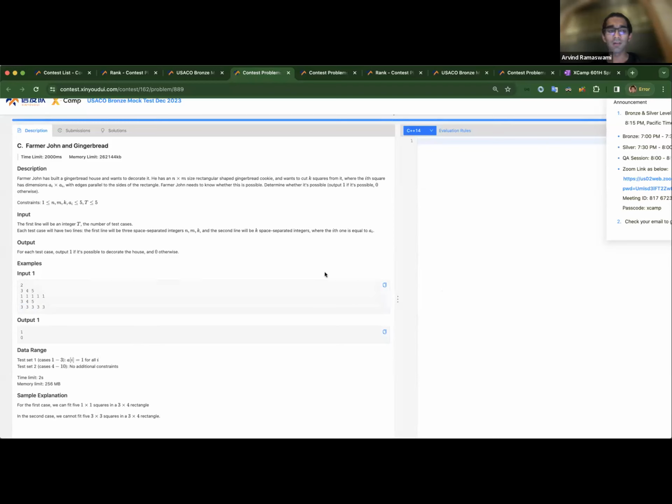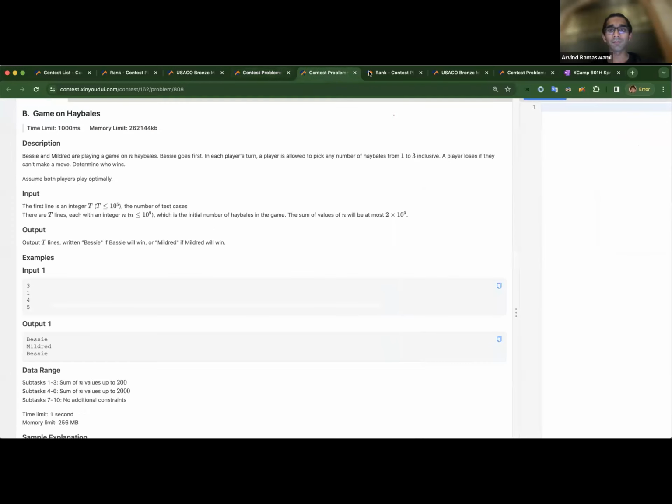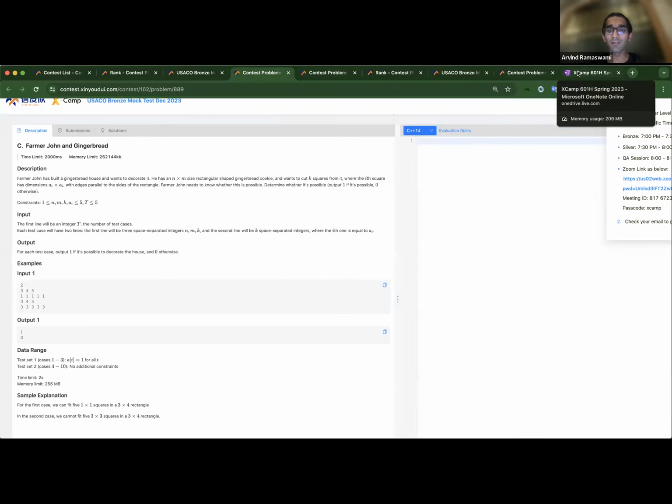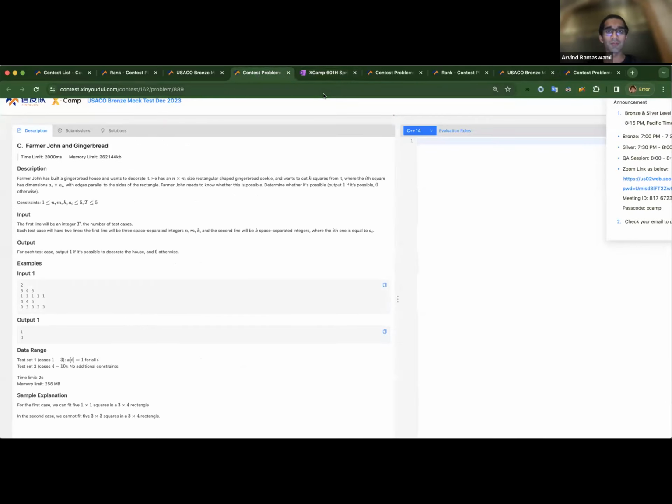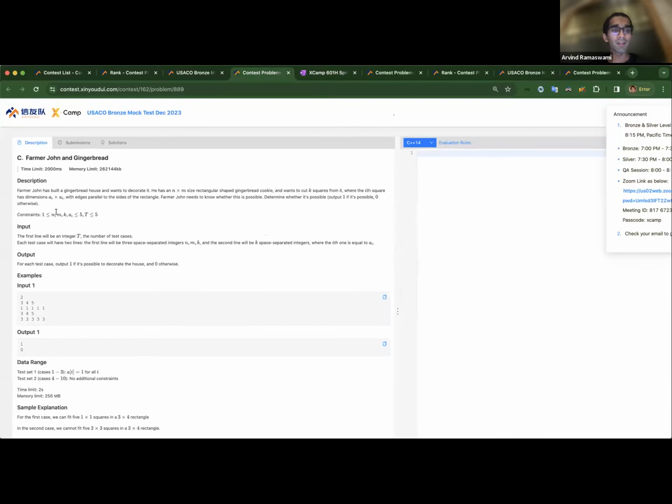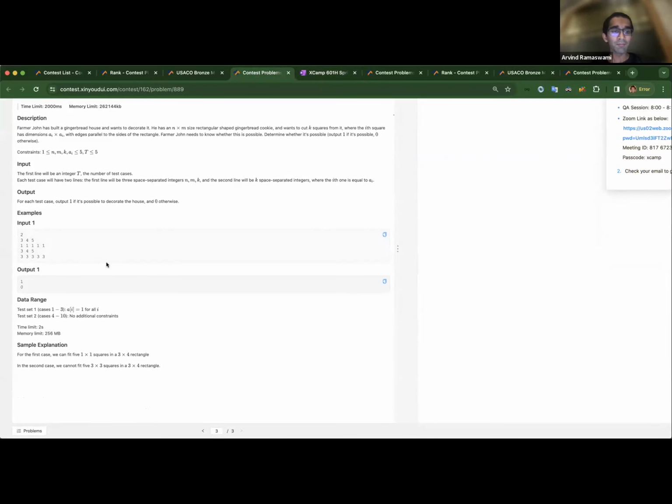So I'll explain the solution. Basically the key idea is that all of these things are at most 5, so you can use brute force.